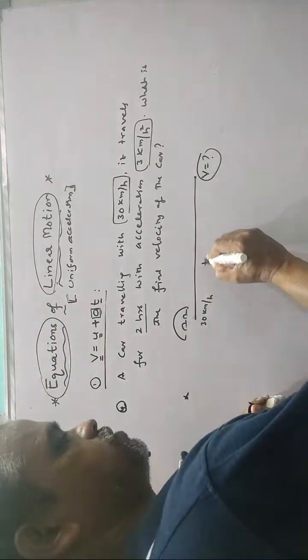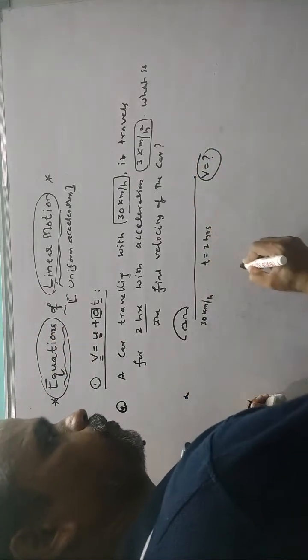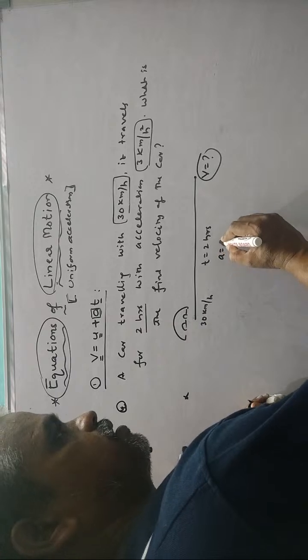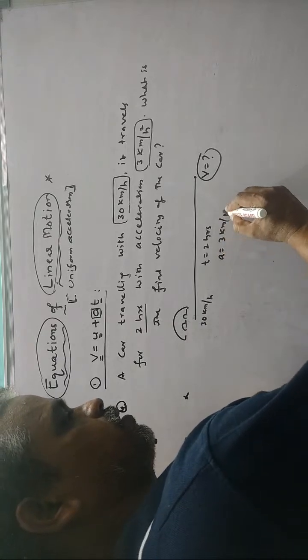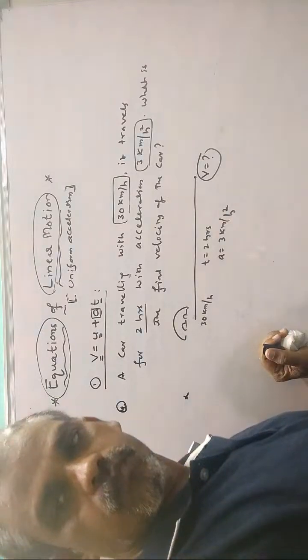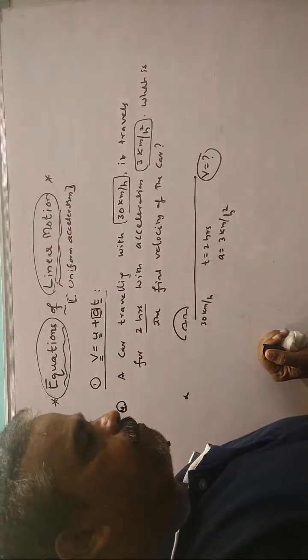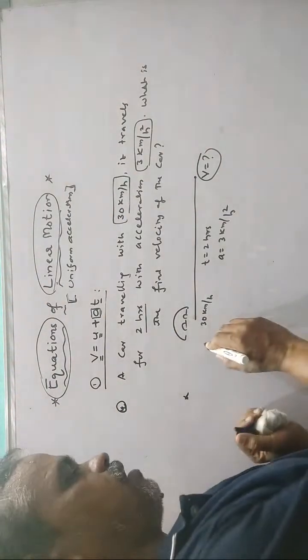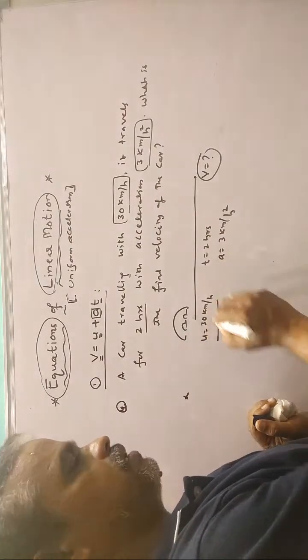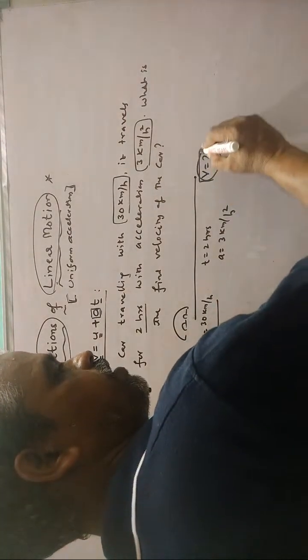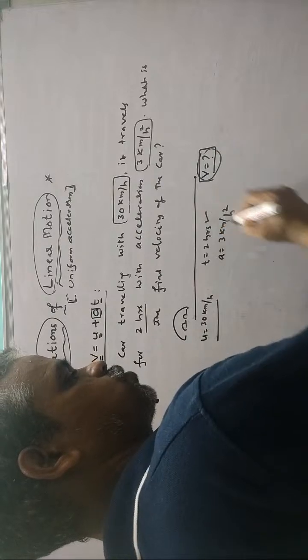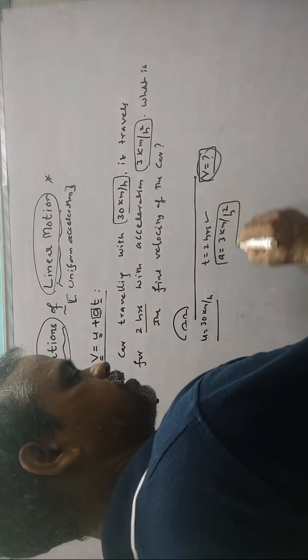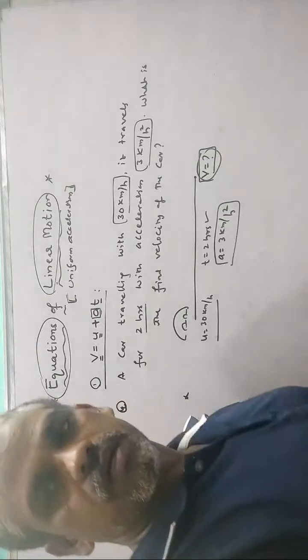It travels for 2 hours, then with the acceleration 3 kilometers per hour square. So this information we have now. U equal to 30 km per hour. We have to find the final velocity of the car. It travels for 2 hours with constant acceleration 3 km per hour square.